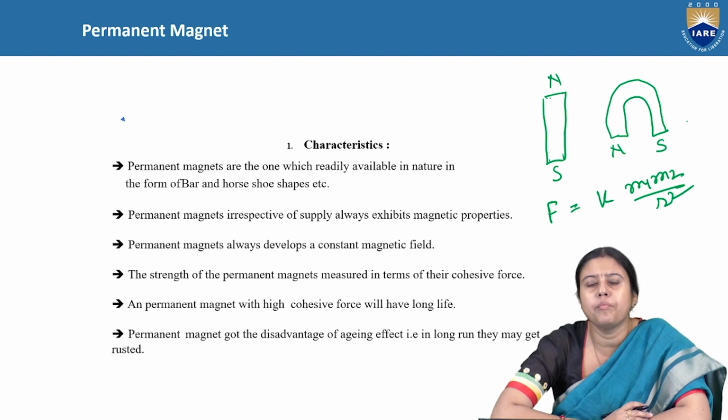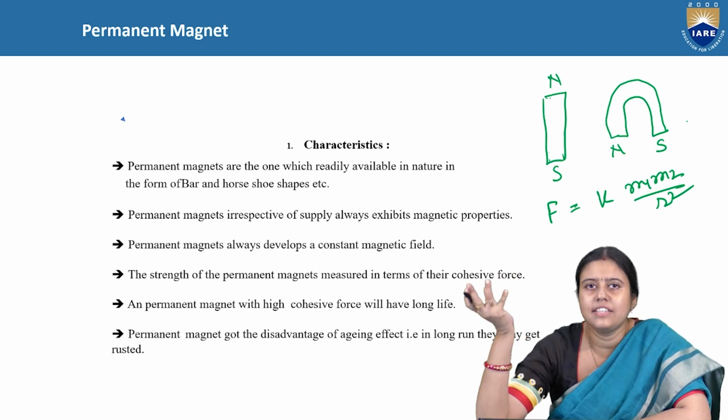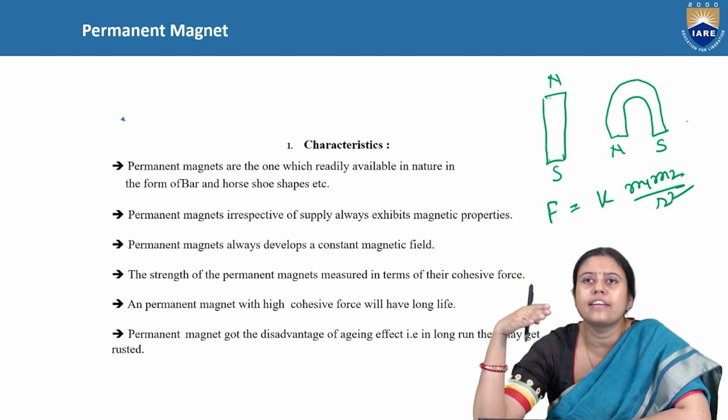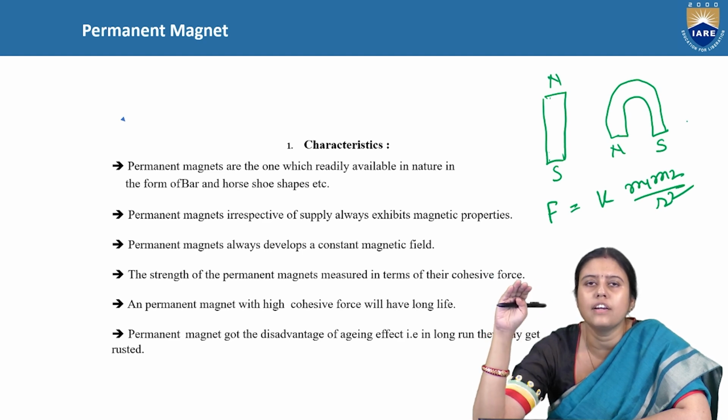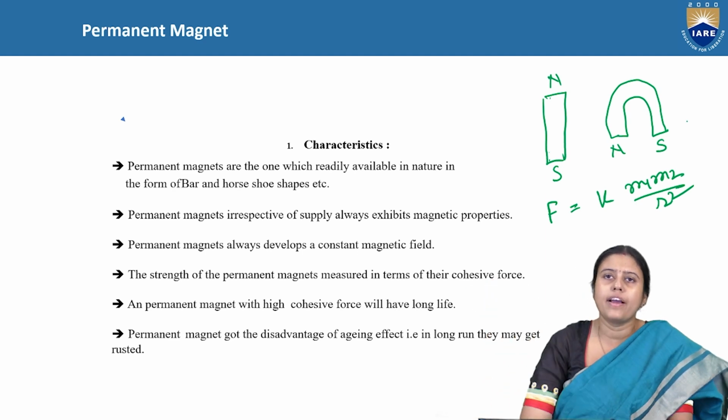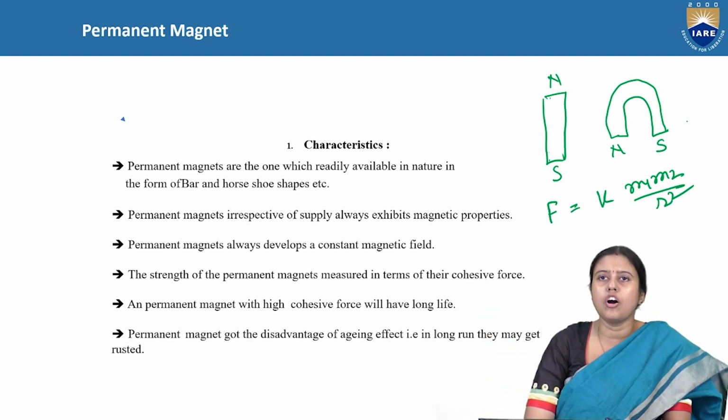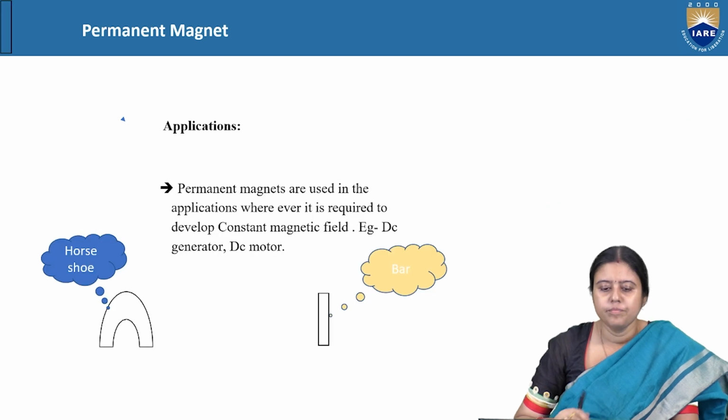As it is a natural thing we get from the mines and other places, it has the aging problem. Whenever it goes into the long run, it may get rusted and some problem will come.